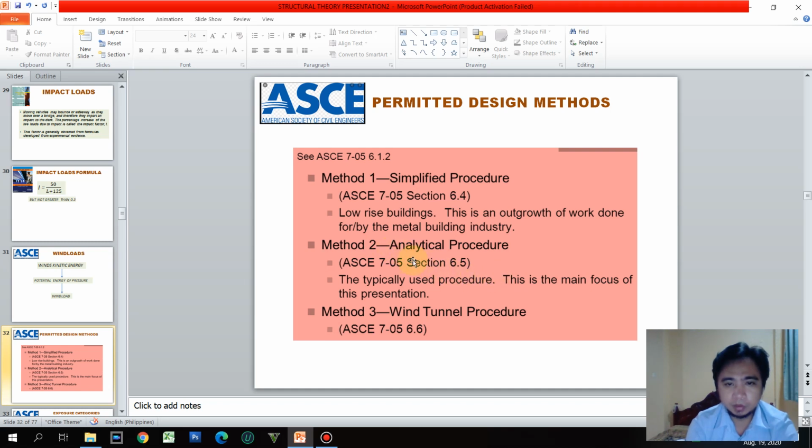Then method 2, the analytical procedure. This is the typically used, common procedure in deriving wind loads. This is the main focus of this presentation. And then method 3, the wind tunnel procedure, in accordance with ASCE 7-05 section 6.6.